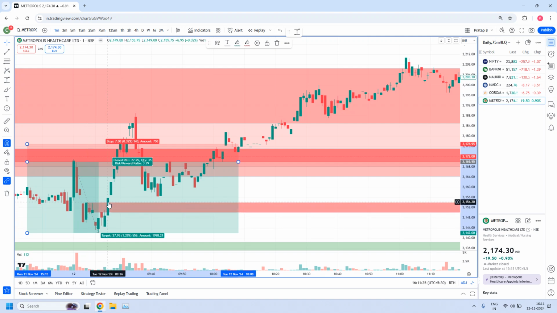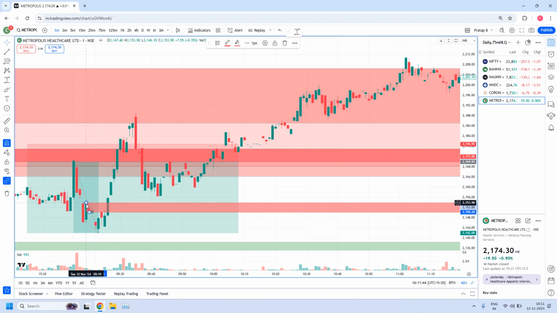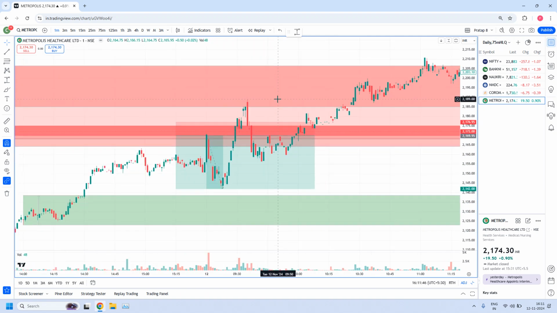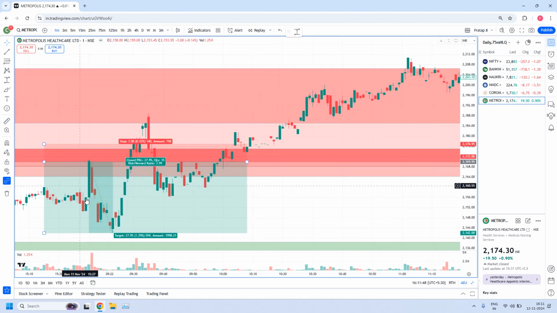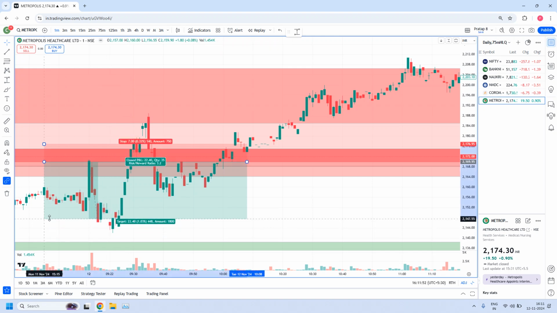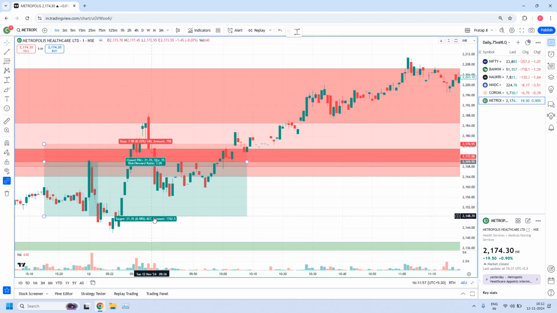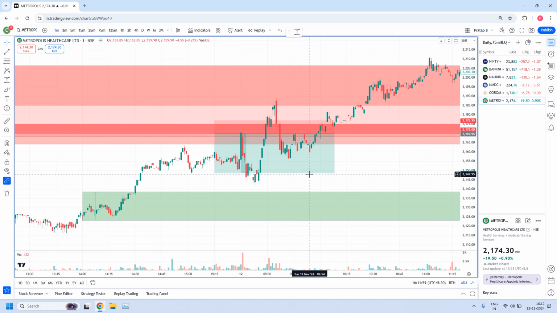The moment this is violated, they would have exited here. Some people, after reaching 1:3 RR, where are we getting 1:3 RR at what level? Here. Some people would have exited here because it achieved 1:3 RR.